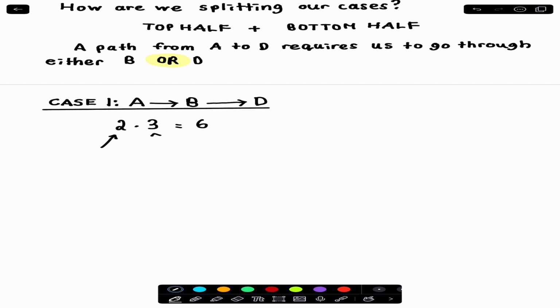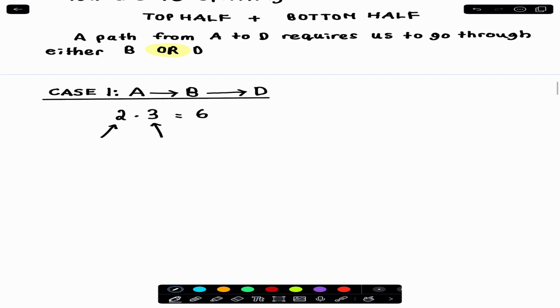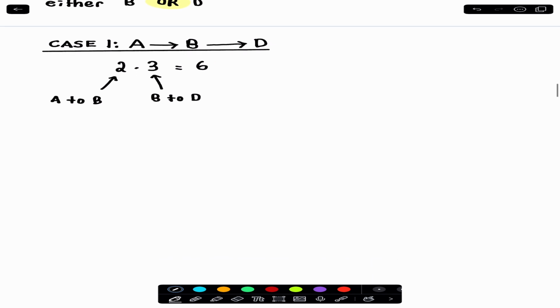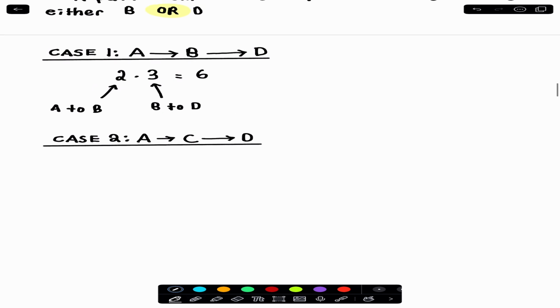So just to emphasize, this is the number of paths from A to B, and then this is from B to D. So that was case 1. Now case 2 will be the number of paths from A to C, and then from C to D. So let's count this.